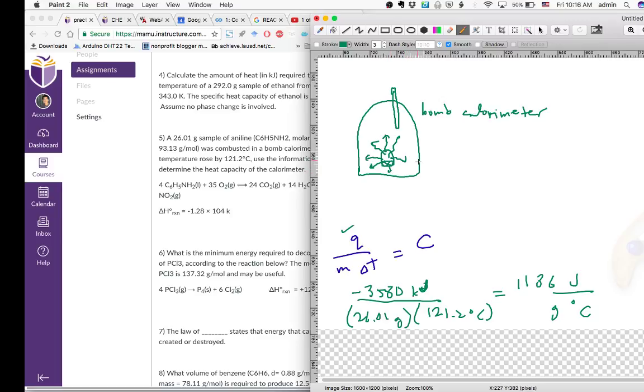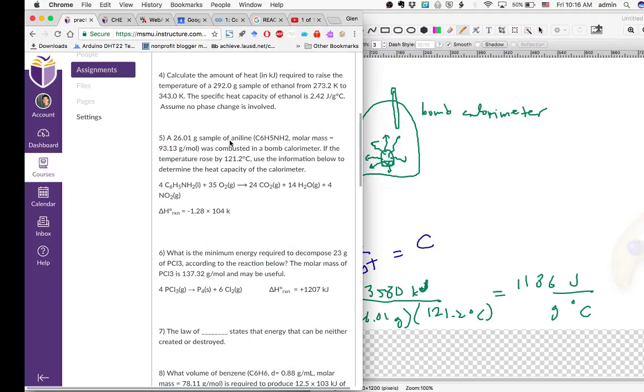Usually, you would calculate the heat capacity of some substance, as we did in number 3, where there were some heat capacities of substances, and then also in number 4, we used the heat capacity of some substance in order to calculate the heat that was required to raise the temperature of some substance.